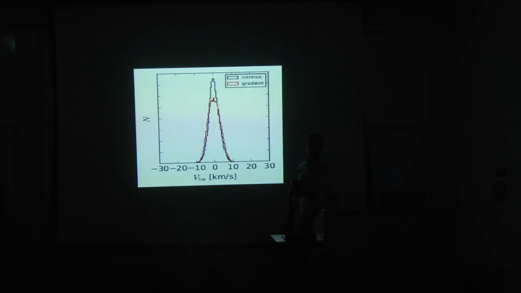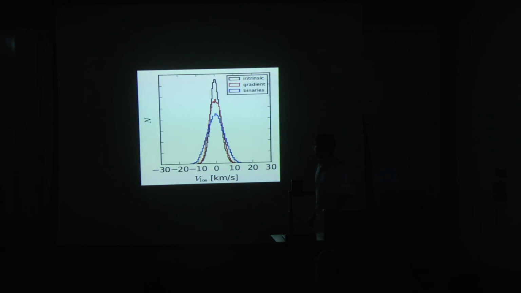The first could be that they could have a net rotation, or there could be a velocity gradient that we're observing, and that will have the effect of smearing out this intrinsic distribution. Another effect could be that the stars that we're observing could have low mass and undetectable companions and exist in binary systems.